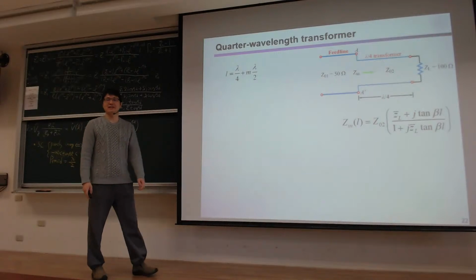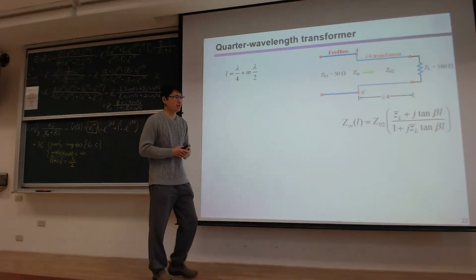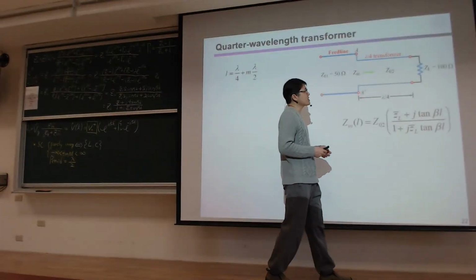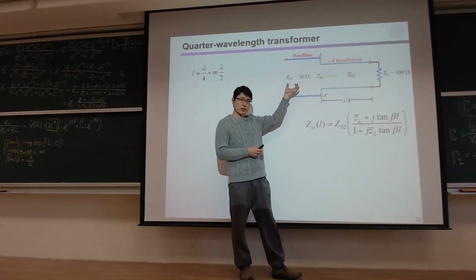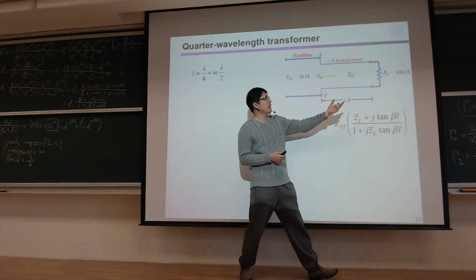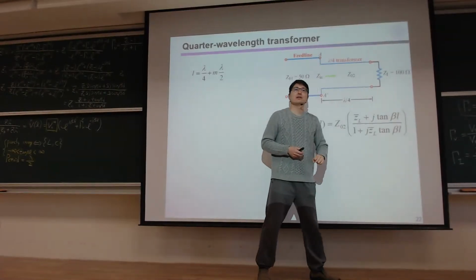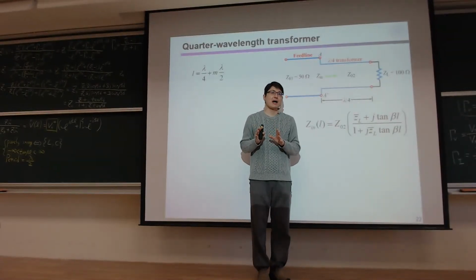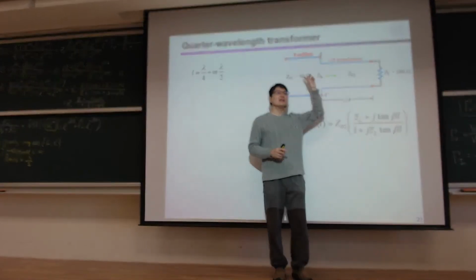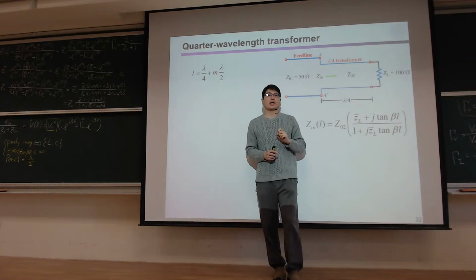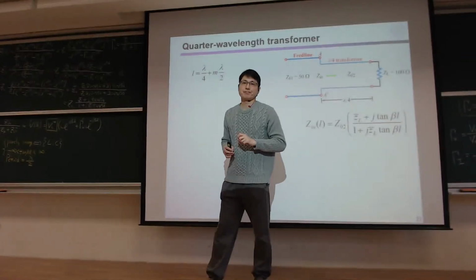Quarter wavelength. This is something deeper. Okay? So this is saying that I have a transmission line of certain characteristic impedance, and I have a load, and somehow I know that the load impedance is not equal to the characteristic impedance.